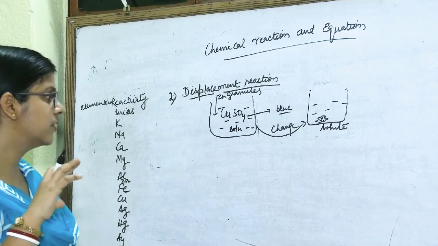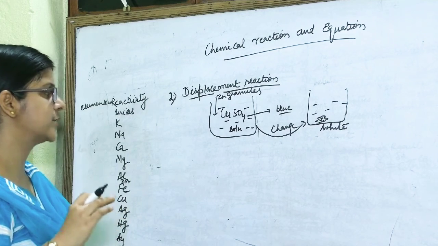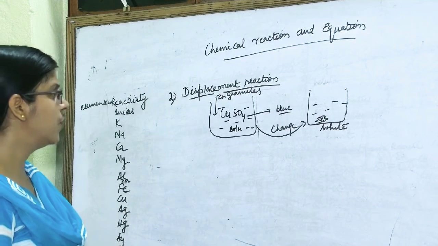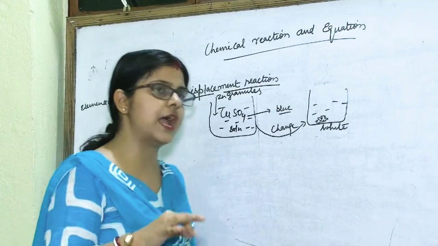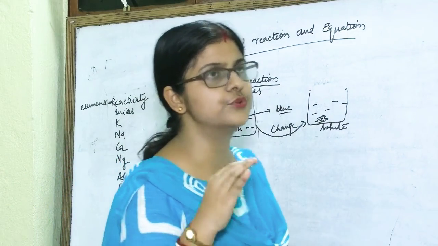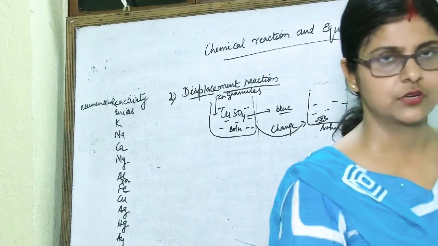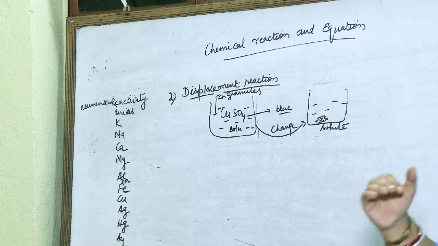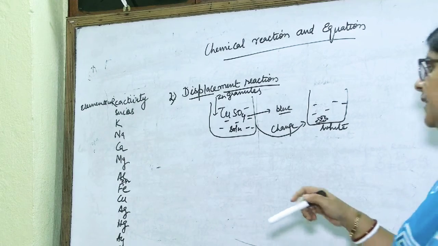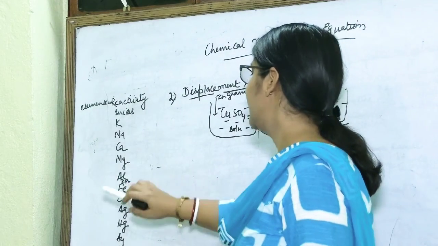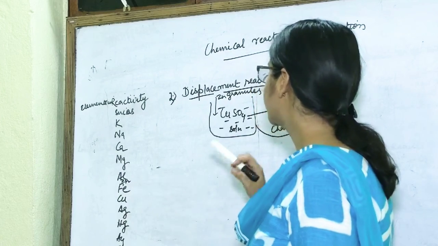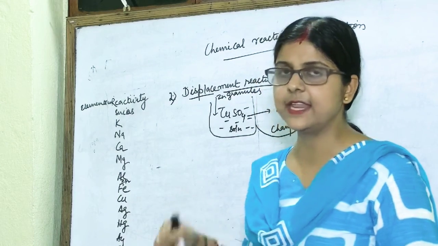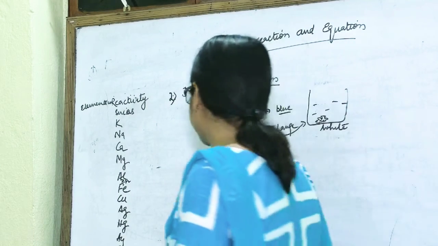Suppose you are asked to explain what you observe when you add zinc granules to copper sulfate solution. For this, first of all you will have to know zinc is more reactive than copper. So what will happen if you add zinc granules to copper sulfate solution?